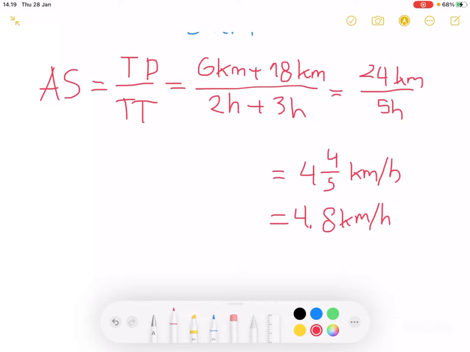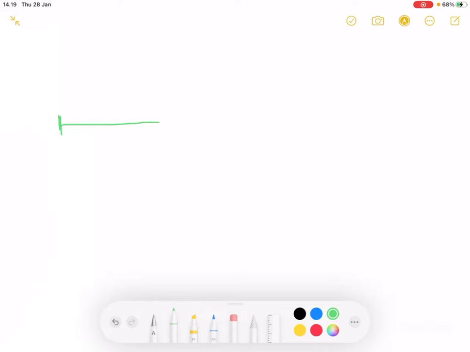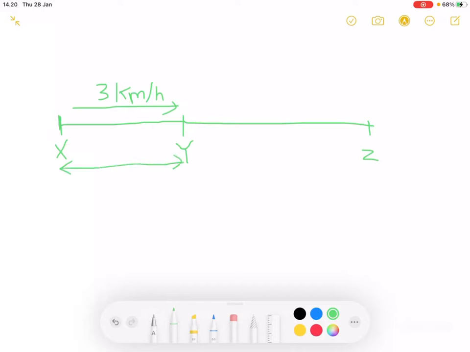Let's move on to a pretty challenging one, I would say. Let's say a motorcycle travels from point X to point Y, and then from point Y to point Z. The average speed of the motorcycle from X to Y is, let's say, 3 kilometers per hour, and the distance from X to Y is 6 kilometers.